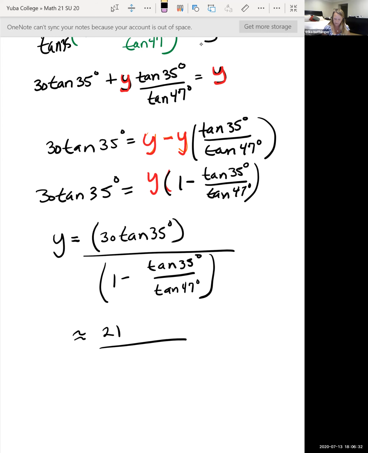All over 1 minus tan of 35 divided by tan of 47, I get approximately 0.35.